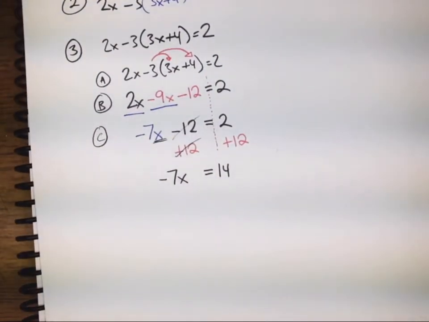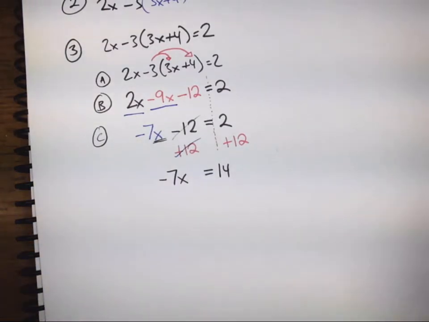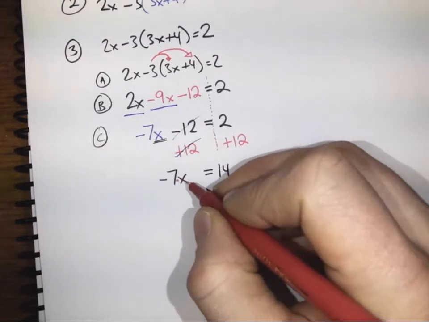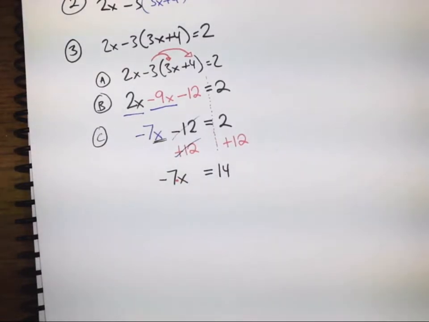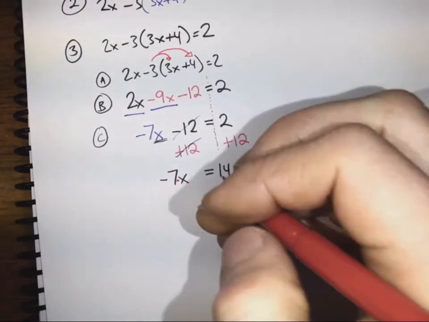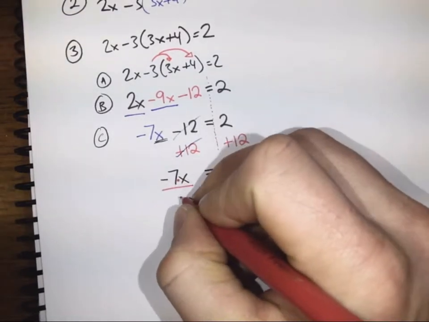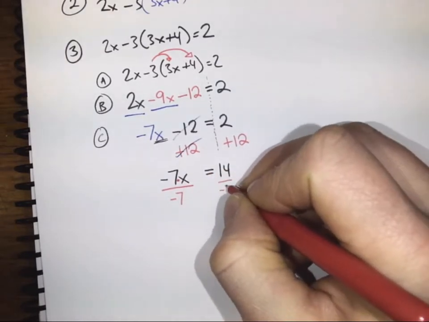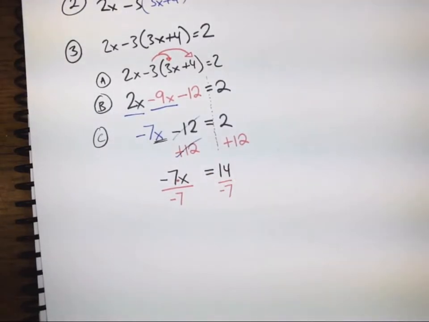Now, the next thing we have to do is recognize that this really means negative 7 times x, and we want to do the opposite of multiplying x by negative 7. The opposite of multiplying x by negative 7 is dividing by negative 7. We're going to divide both sides by negative 7.